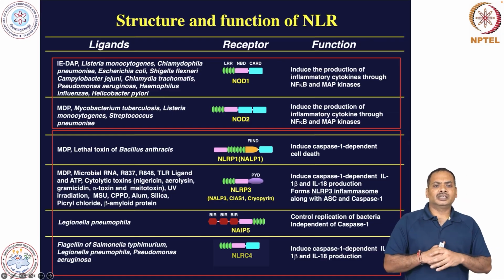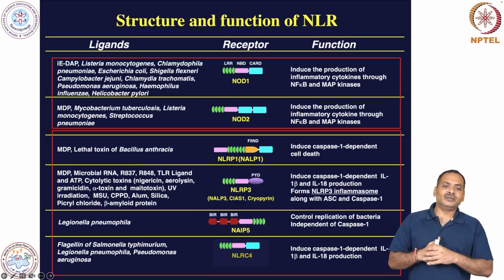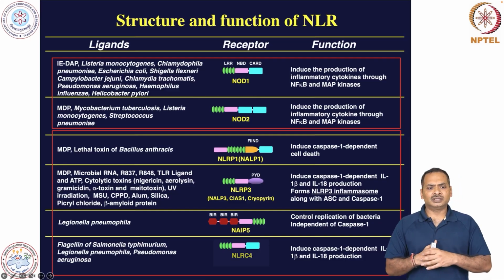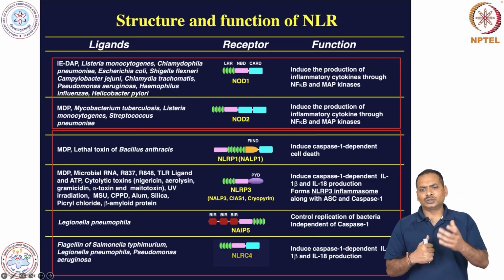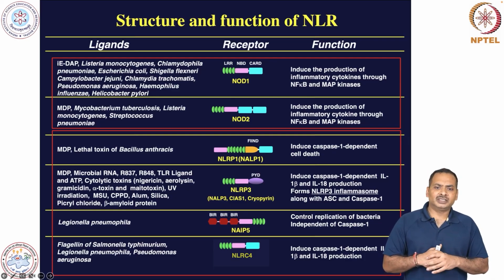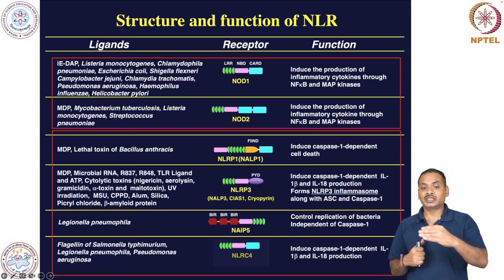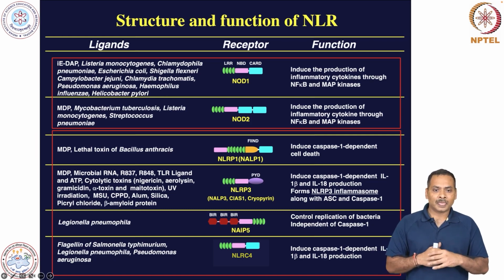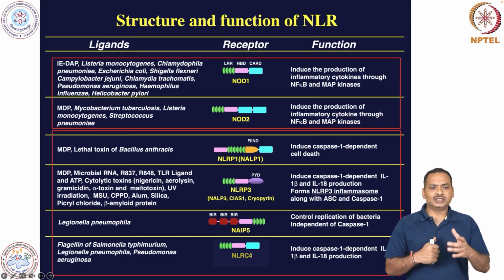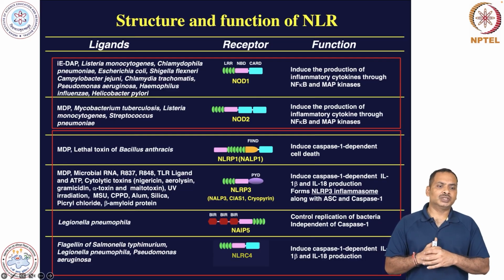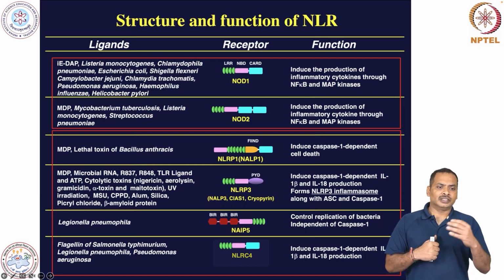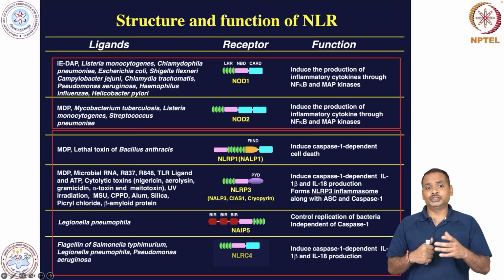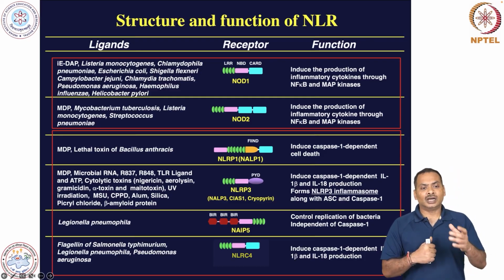Another is NLRP5, which senses Legionella pneumophila and also controls replication of bacteria independent of caspase 1. Here caspase 1 is not involved. There is another inflammasome which senses the flagellin protein of Salmonella typhimurium, Legionella pneumophila, and Pseudomonas aeruginosa.